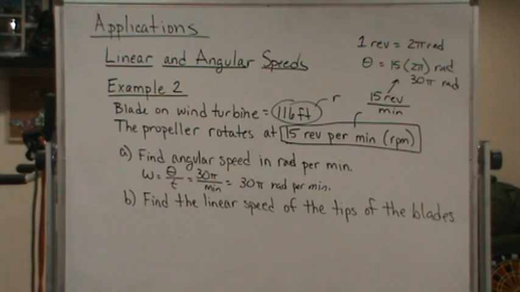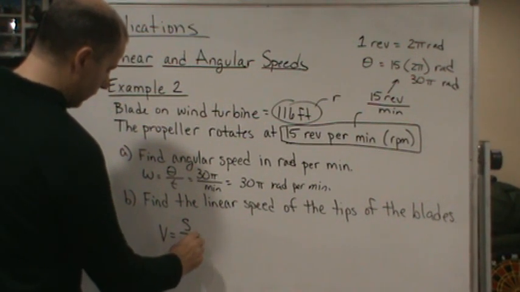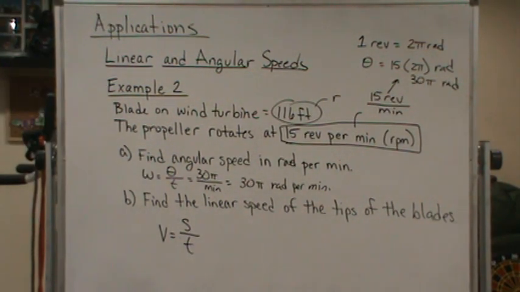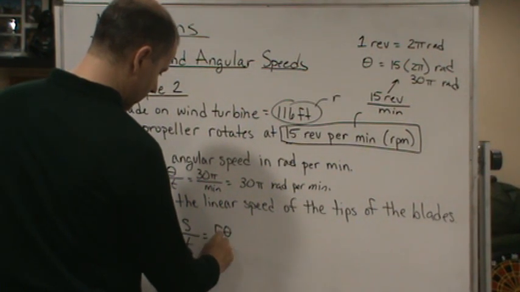Now the linear speed. We can go ahead and use the other formula: v equals arc length over time, which is equal to r theta over time.